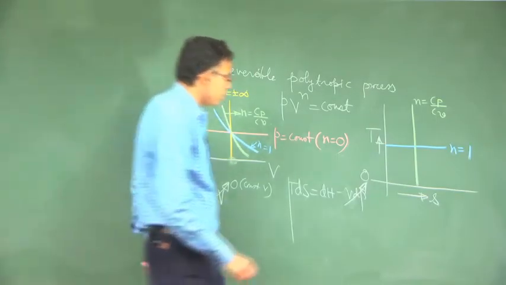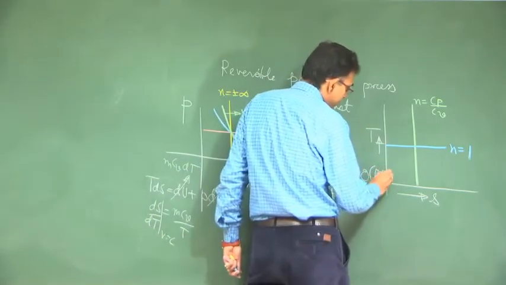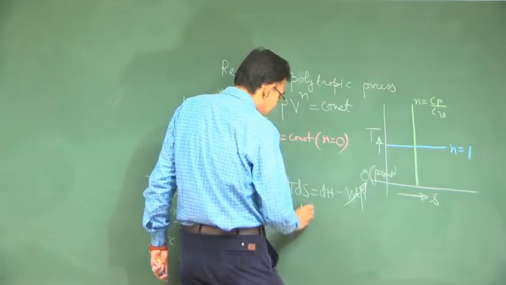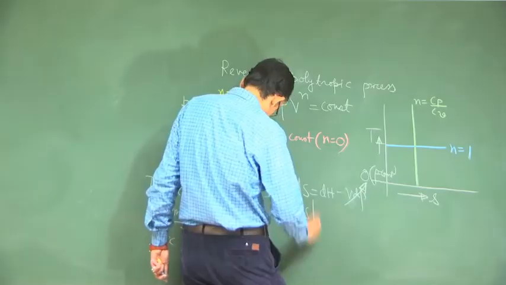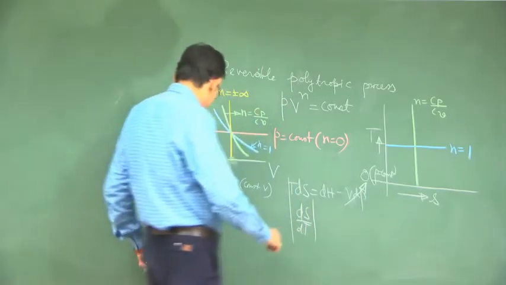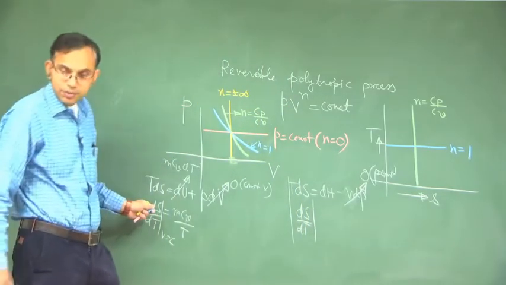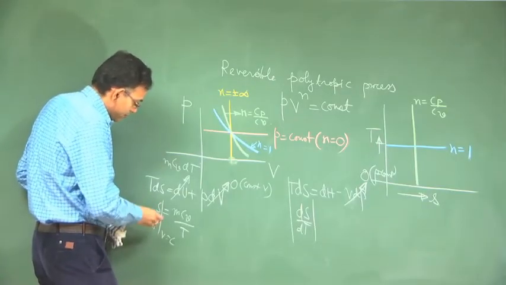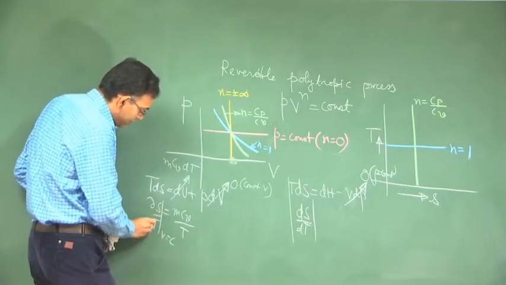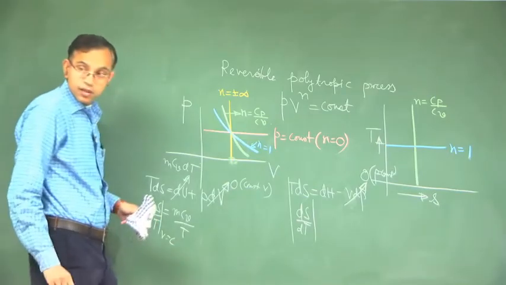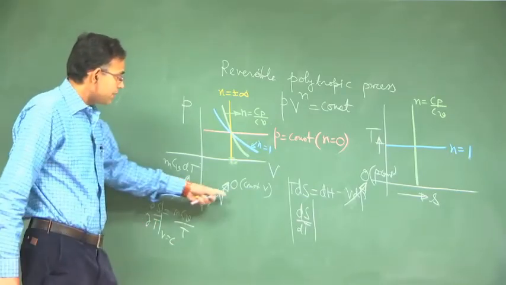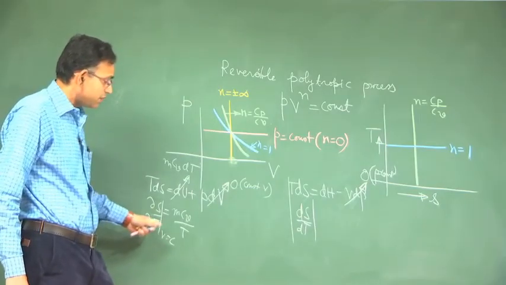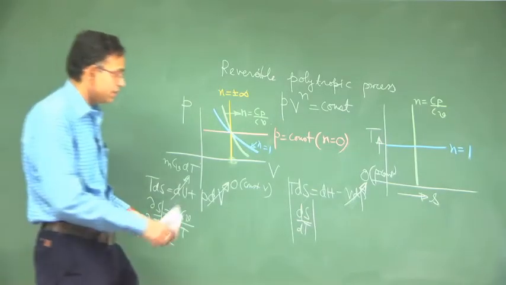So then it is 0 for constant pressure process. So ds dT for constant, actually this should be partial derivatives, I have written ordinary derivatives just for your simplicity in understanding, but because you have kept volume as constant, you are differentiating S with respect to T with a constraint V equal to constant.